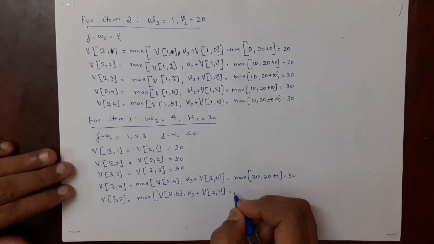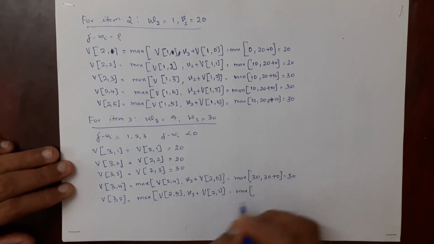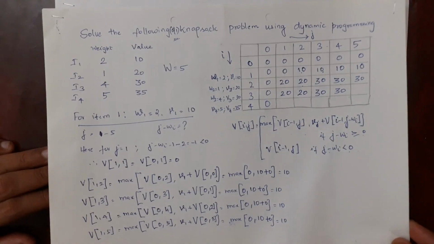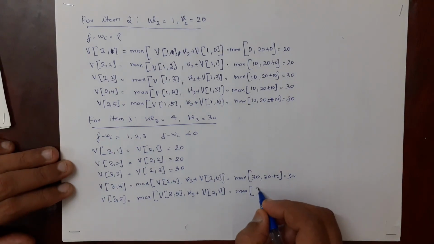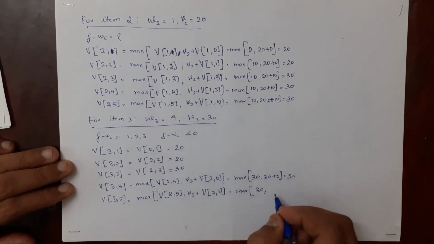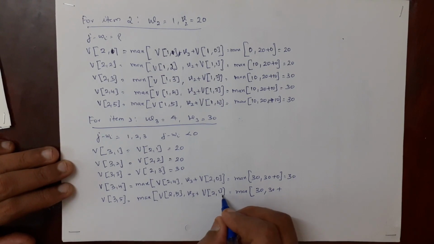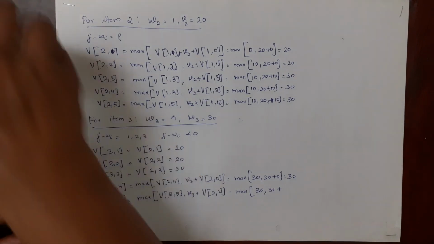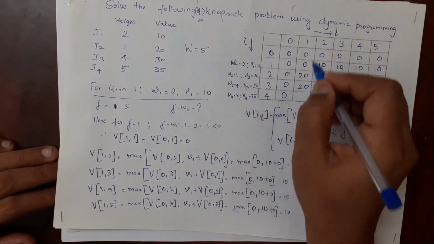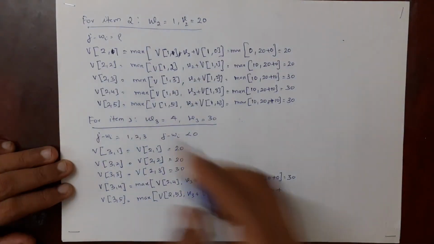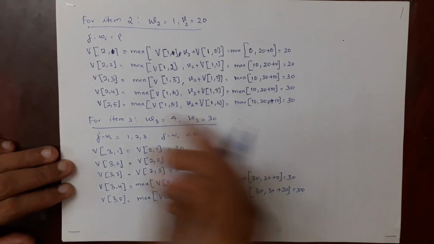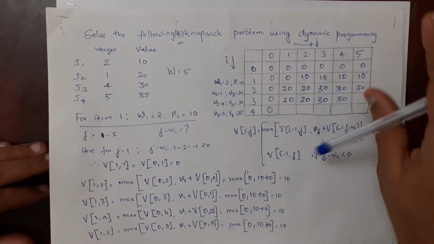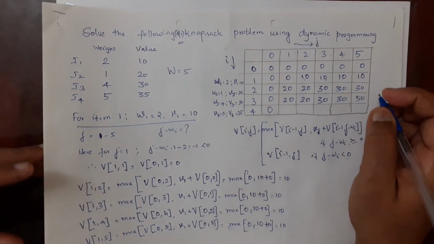That is the maximum of 2 comma 5, which is 30, and the value of this item 30 plus 2 comma 1. The entry in second row first column is 20. So 30 plus 20 is 50. Between 30 and 50, which one is maximum? 50 is maximum, so fill 50 here.